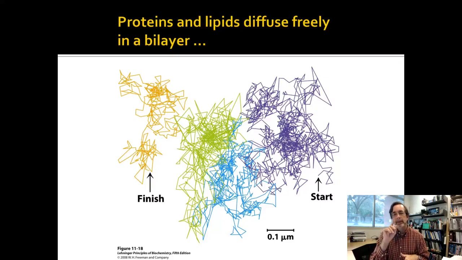It doesn't look like it's doing much of anything until you look at it by time. The protein will diffuse all around in the purple area, and then it will jump to the blue area and it will diffuse all around in that, and then it will jump to the green area, and finally it will jump to the yellow area on the far left, which on your direction is over here, right?